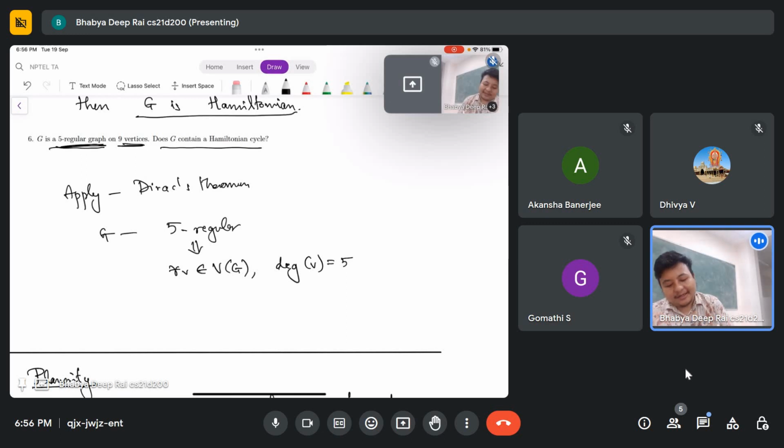So that is one thing. Next, what information do you have? N, the number of vertices. Okay. The number of vertices n is 9. So 9 by 2 equals 4.5.